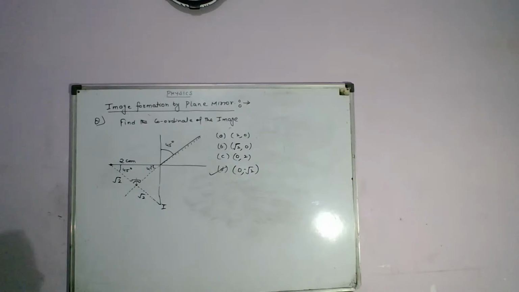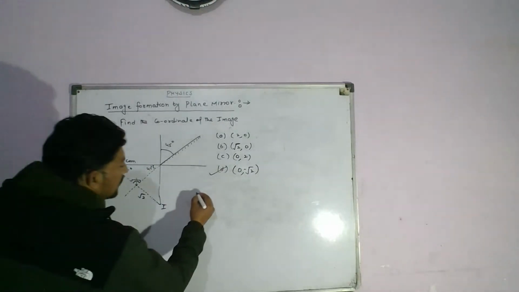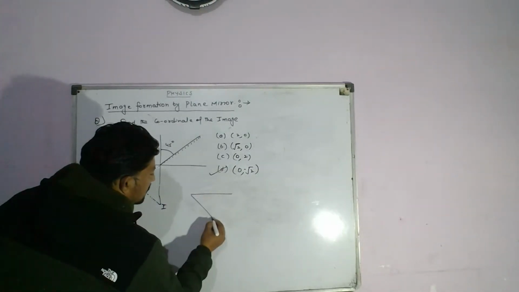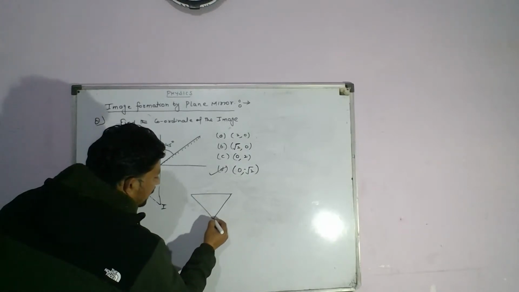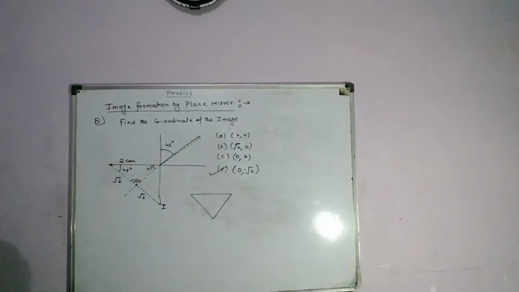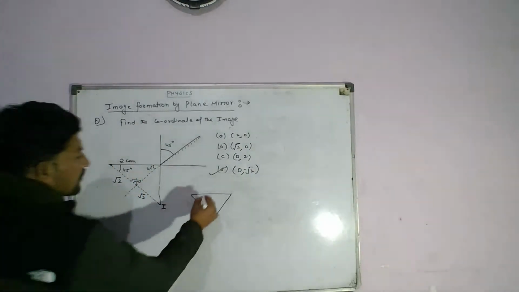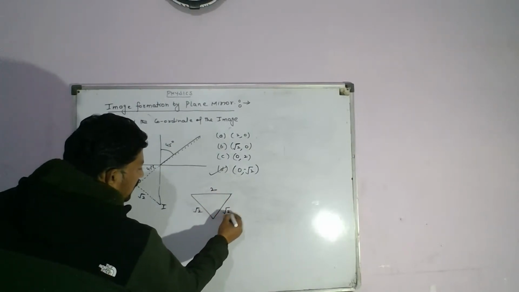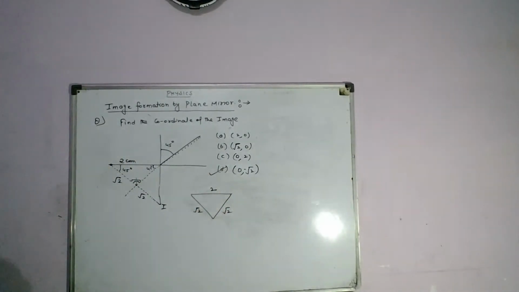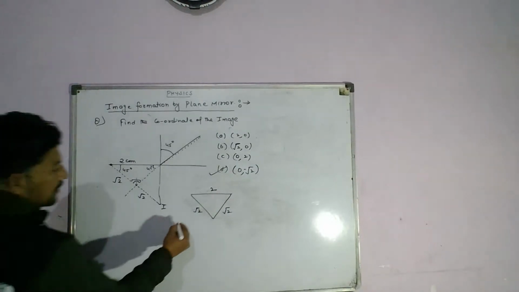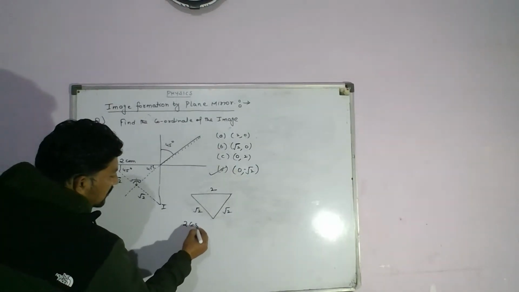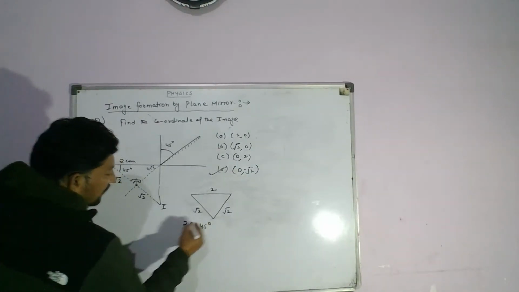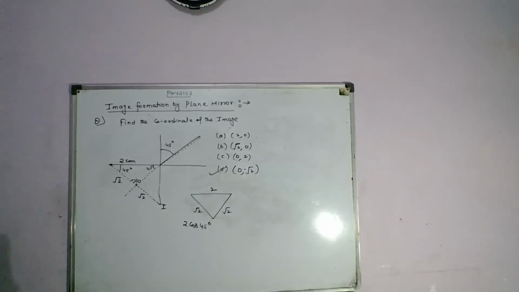If you do not understand this concept clearly, this is your triangle. Suppose this is your triangle and this is your 2 centimeter, this is your under root 2, this is your under root 2. So 2 cos 45 degrees. You know how to find it?